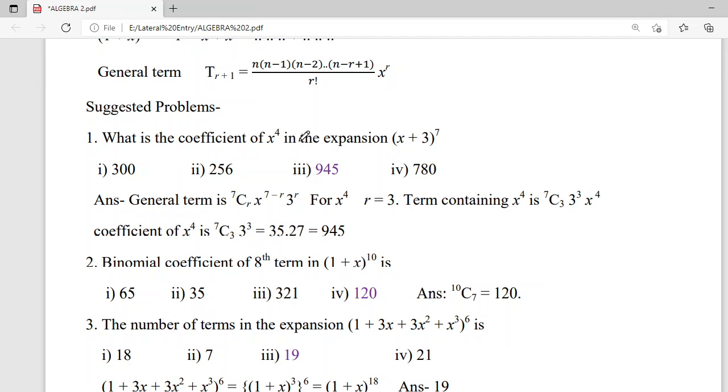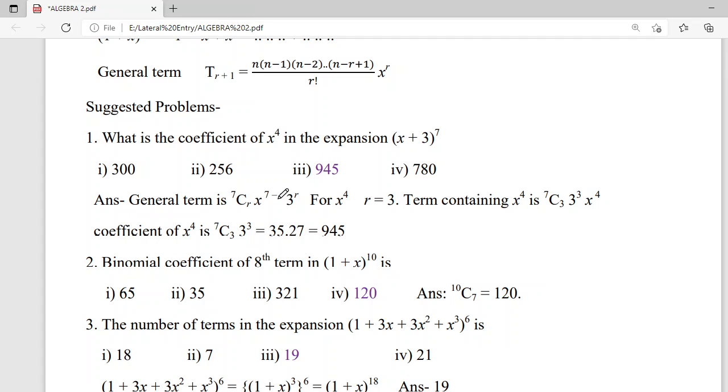So find the coefficient of x to the power 4. The general term, when you expand, is NCR a to the power n minus r, b to the power r. You compute the general term as x to the power 7 minus r.